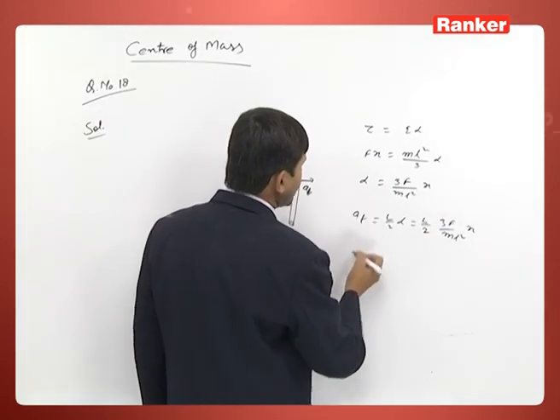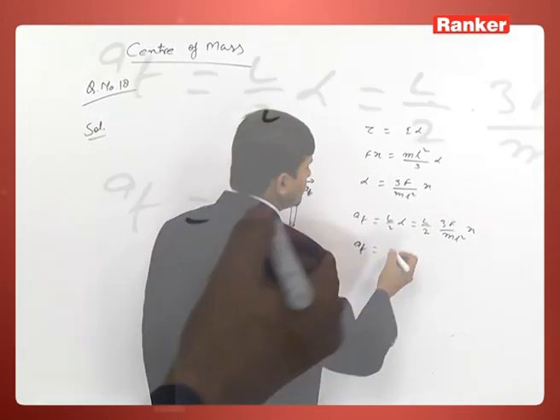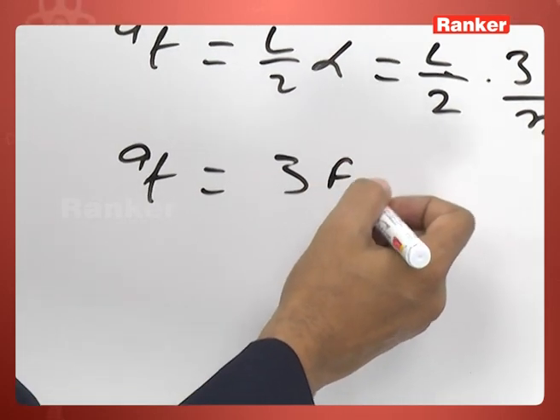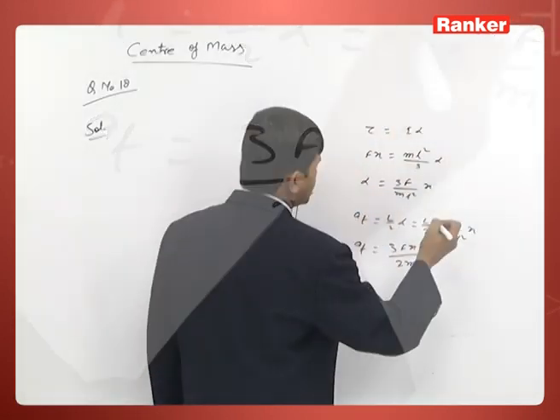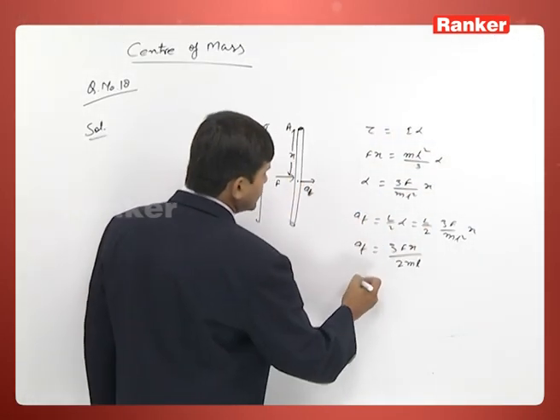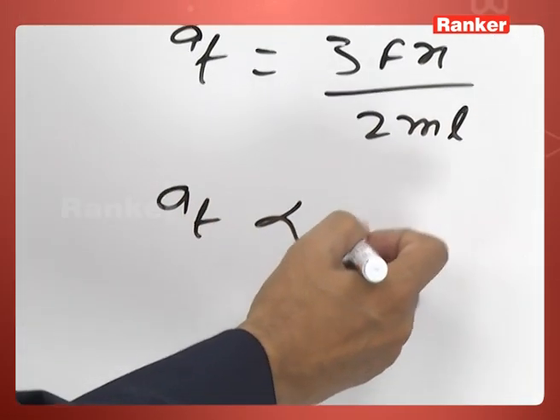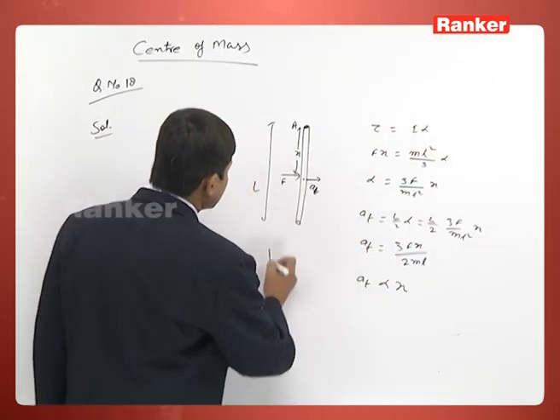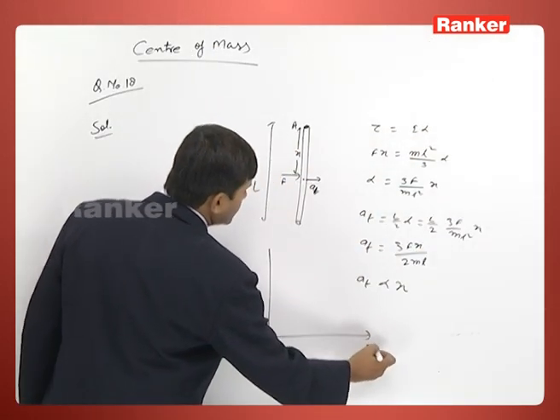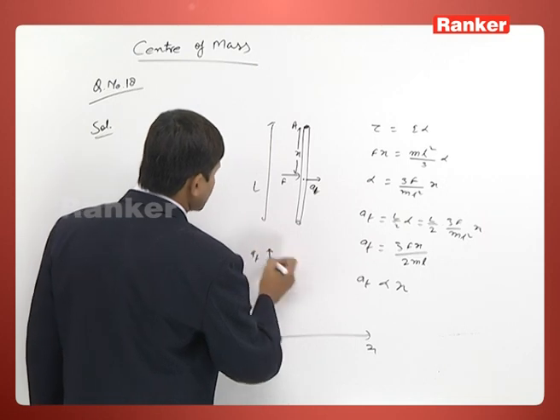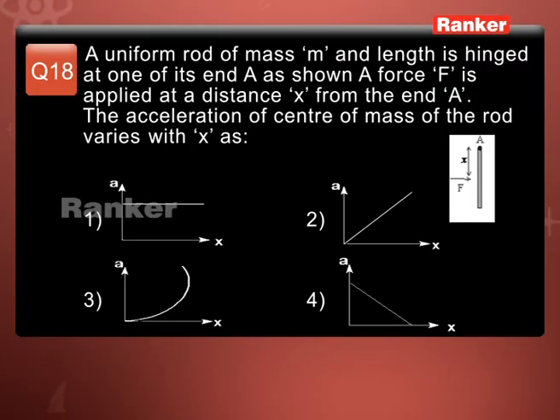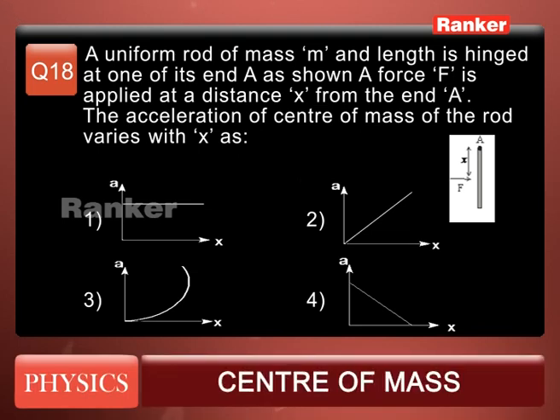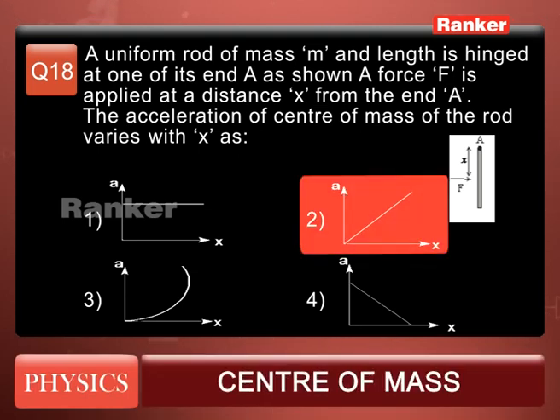From here L cancels, and A tangential is equal to 3Fx by 2ML. So, from here it is clear A tangential is proportional to x. So, if we look at the x versus A graph, it will be a straight line like this. So, our correct option is option number 2. Answer 2 is the correct option.